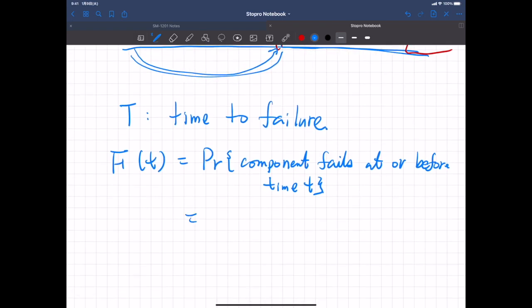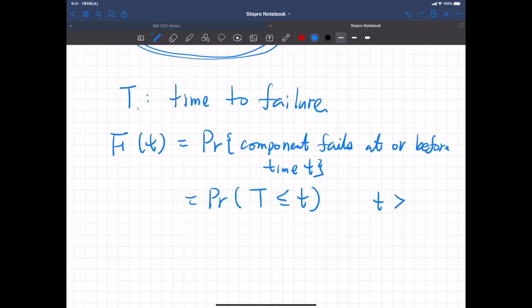So that is, this random variable capital T is less than or equal to lowercase t. And we assume this lowercase t is non-negative.